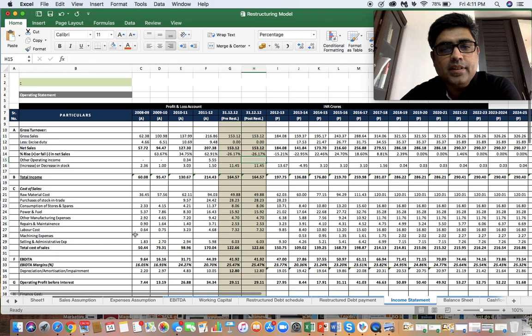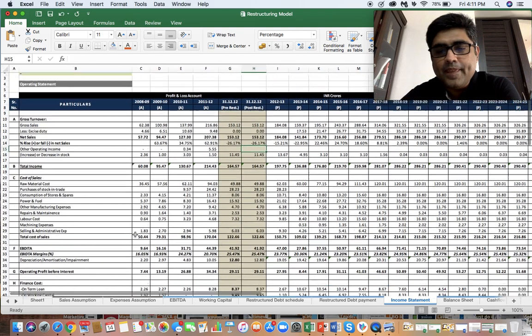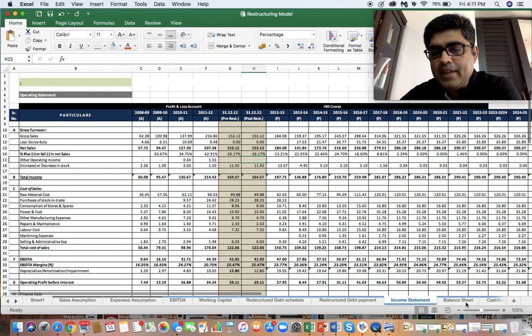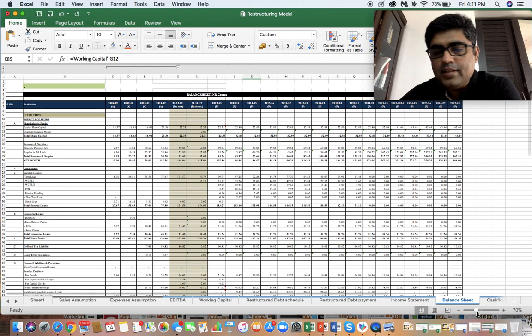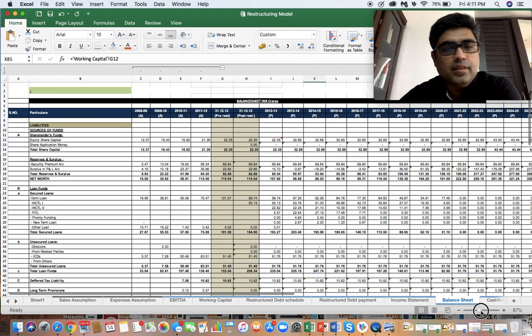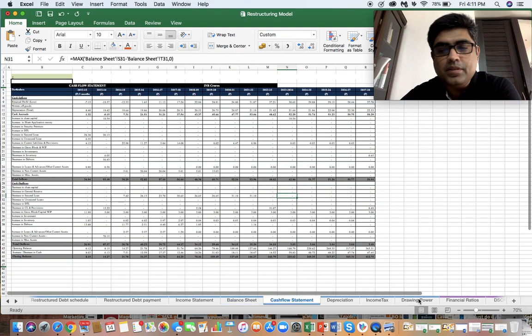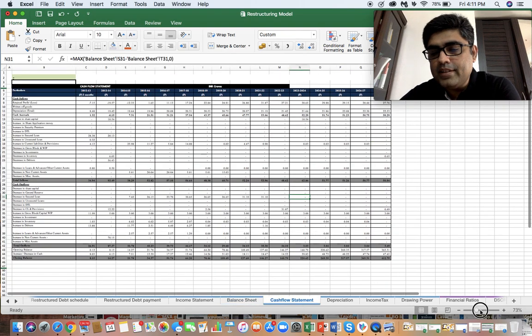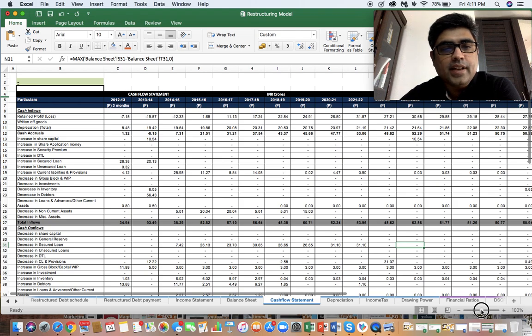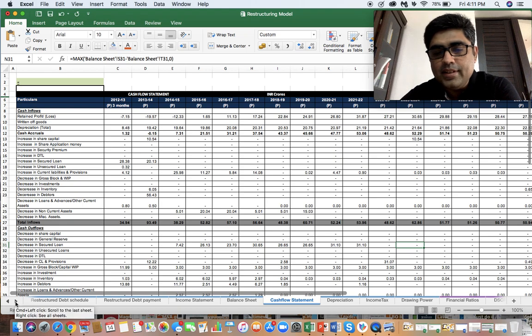So this is what is getting reflected over here. Then comes the balance sheet, the different sections of the balance sheet, and then the cash flow statement, the normal set of financial sheets which has to be worked on, right, with the assumptions that have been considered.